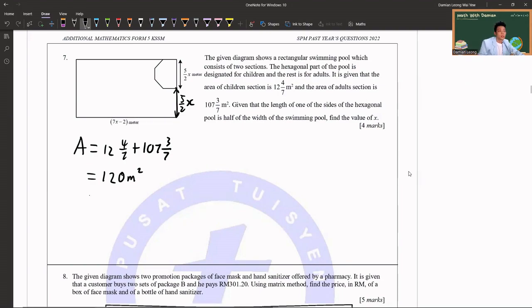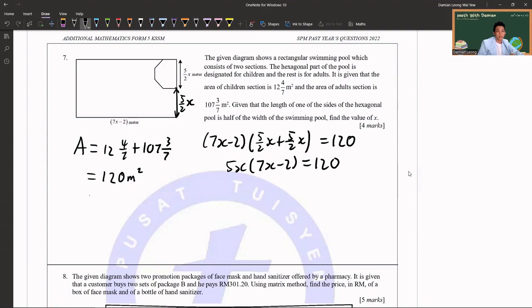And the area of the rectangle is 7x minus 2 times here to here, 5/2x plus 5/2x. So equals 120. This will basically be 5x. So 5x times 7x minus 2 is 120.